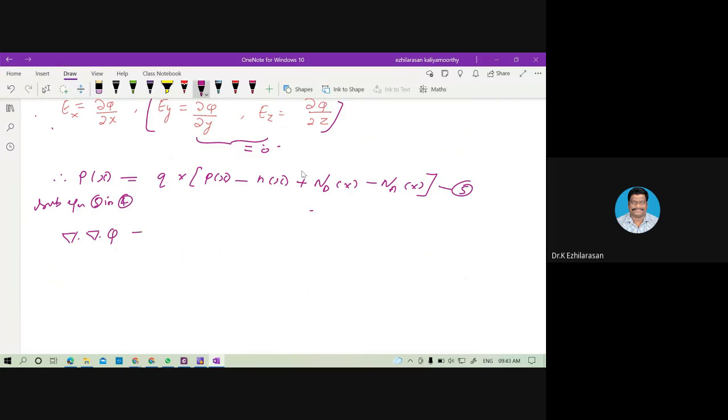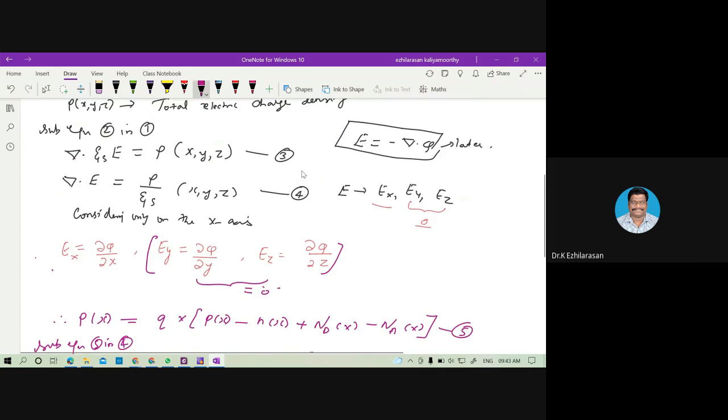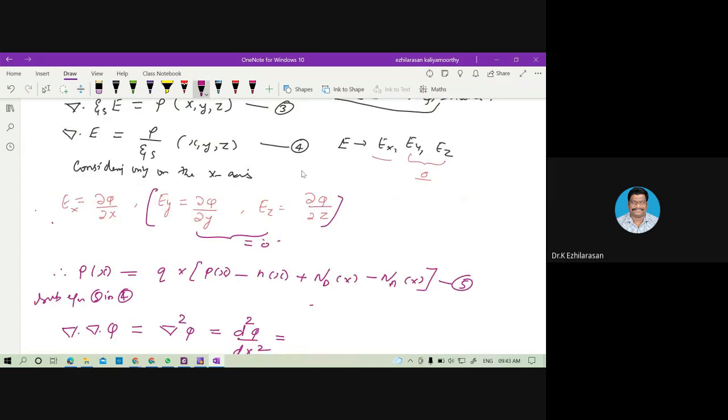So this will become del square phi, where del square is nothing but the second-order term. So this will become d square phi by dx square. Why? Because only x will be remaining. So it is equal to... this minus I will take to the last.